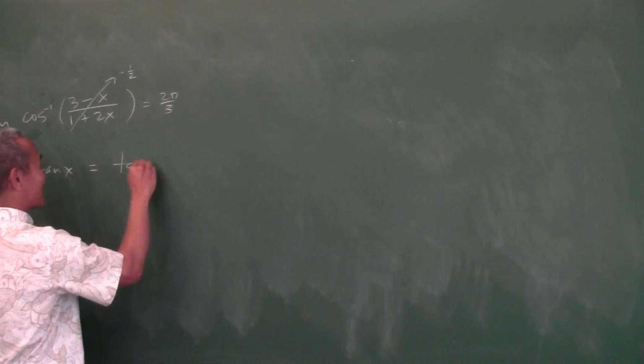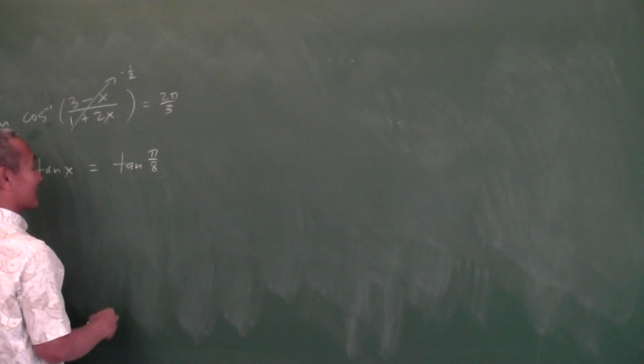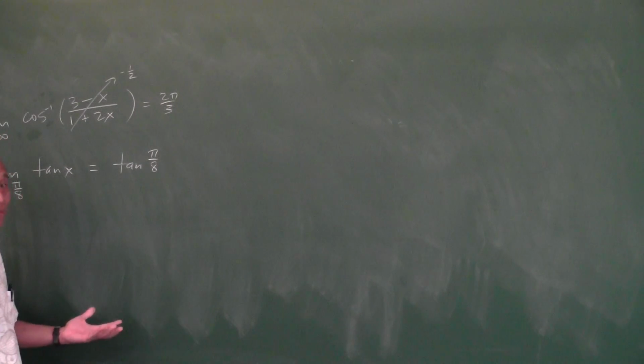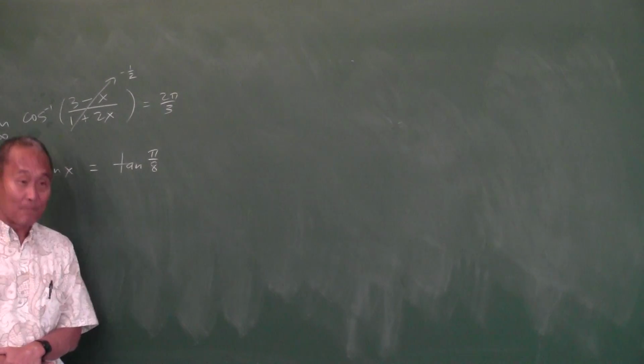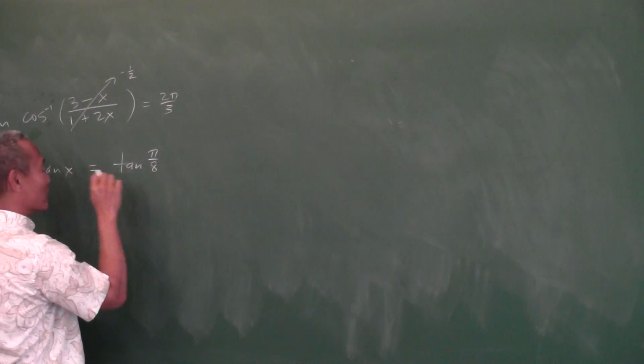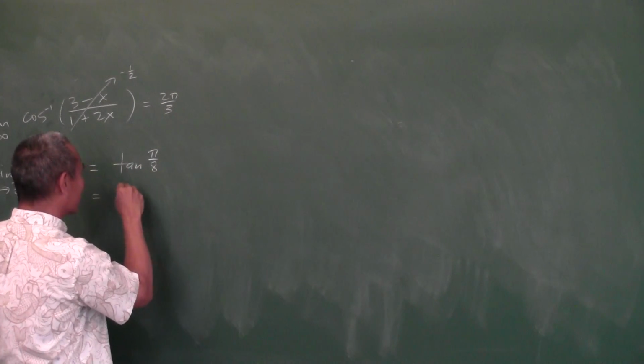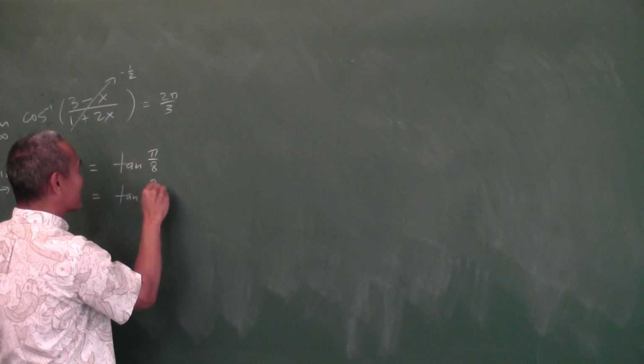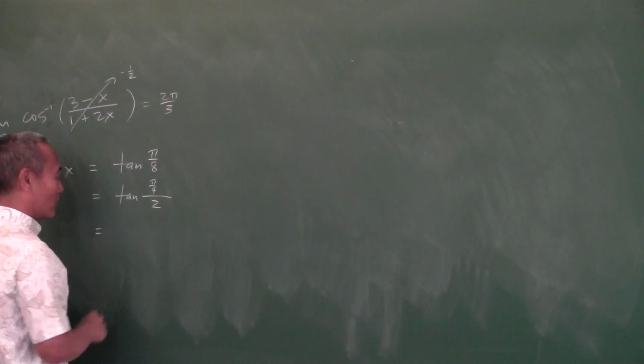Mr. Park, can I just leave my answer like that? Yeah, except you're not going to get credit for it because you have to simplify it. So pi over 8, what do I do? Write it as a sum, difference, or half angle? Yeah, so you have to write it's half of pi over 4. What's the identity?